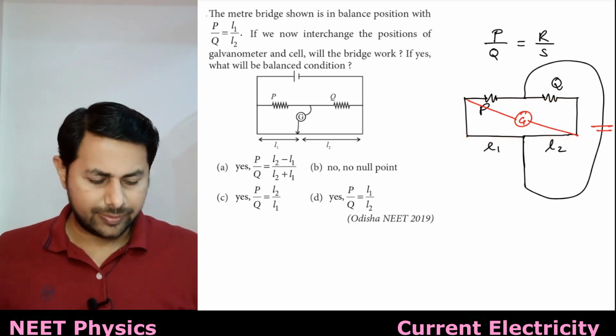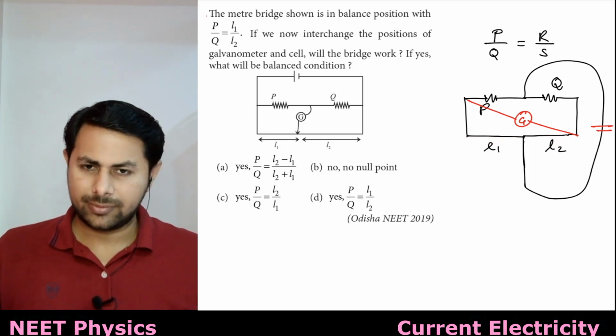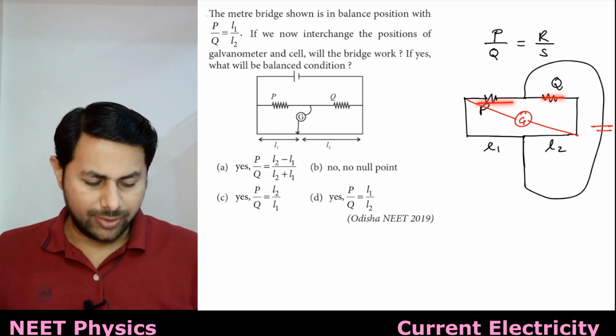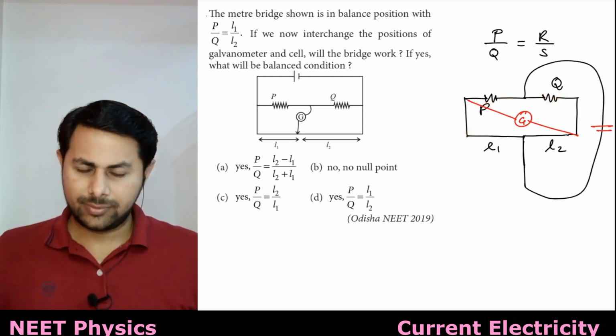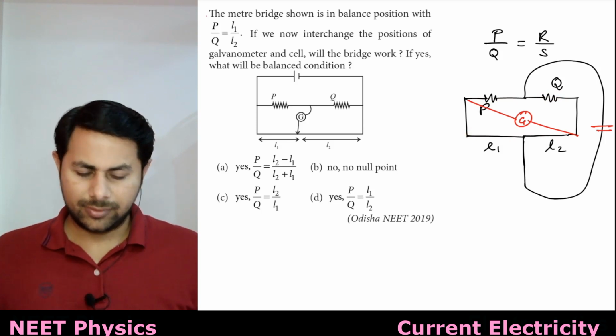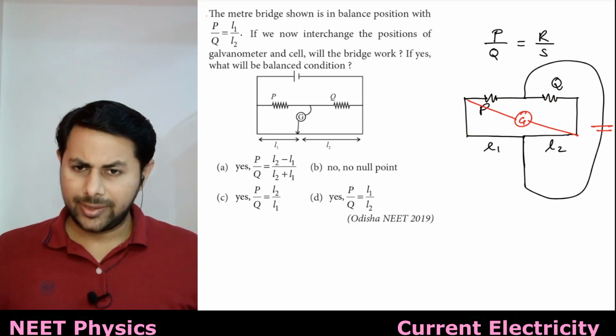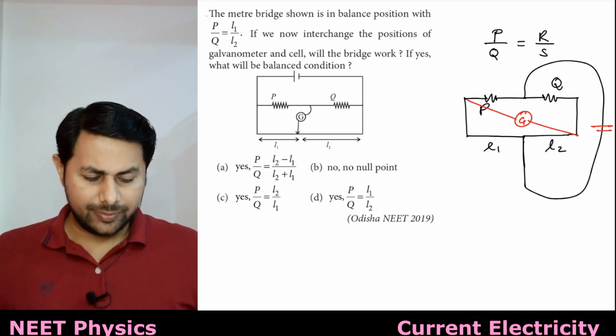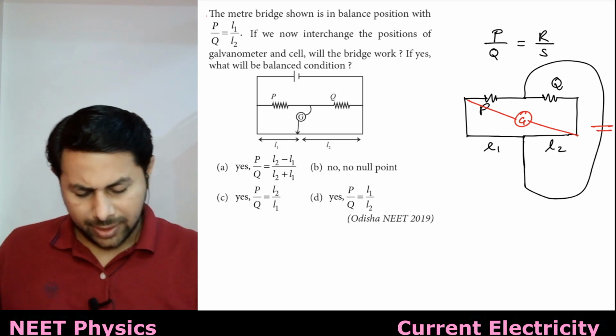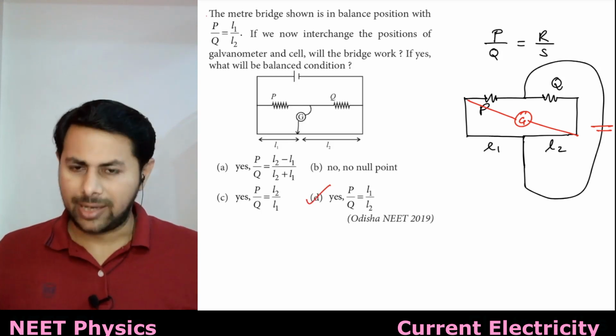Same thing. P by Q has to be equal to L1 is to L2. So it works. So the answer is P by Q has to be equal to L1 by L2.